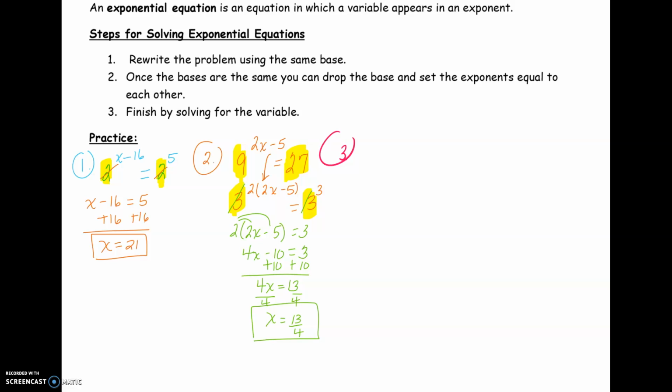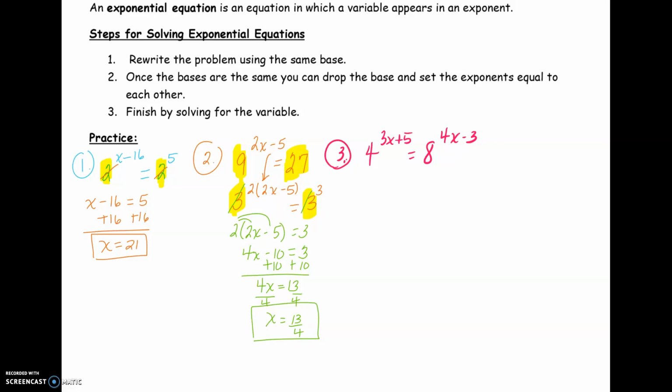All right, 4 to the 3x plus 5 power equals 8 to the 4x minus 3 power. Again, I have to have the same base. I don't. Don't get confused and say 4 squared is 8 because you're not doing 4 times 2. Remember, these are powers when you do it. So we have to think about perfect squares.